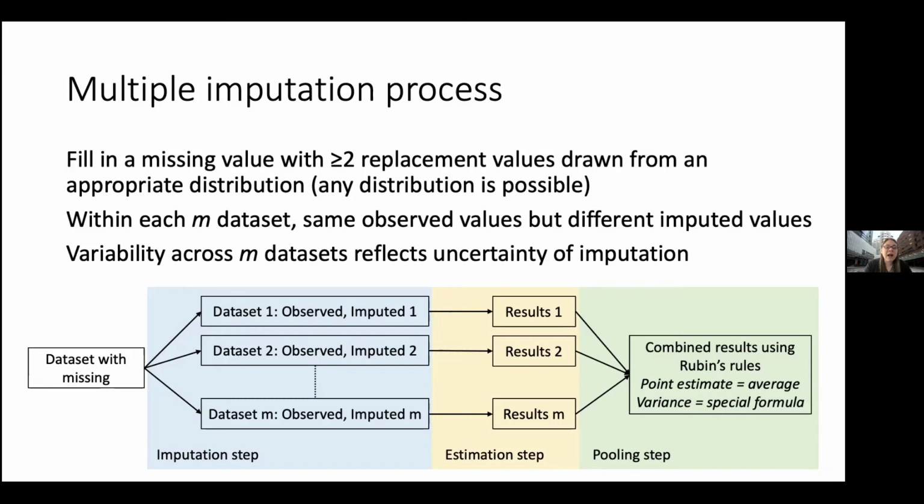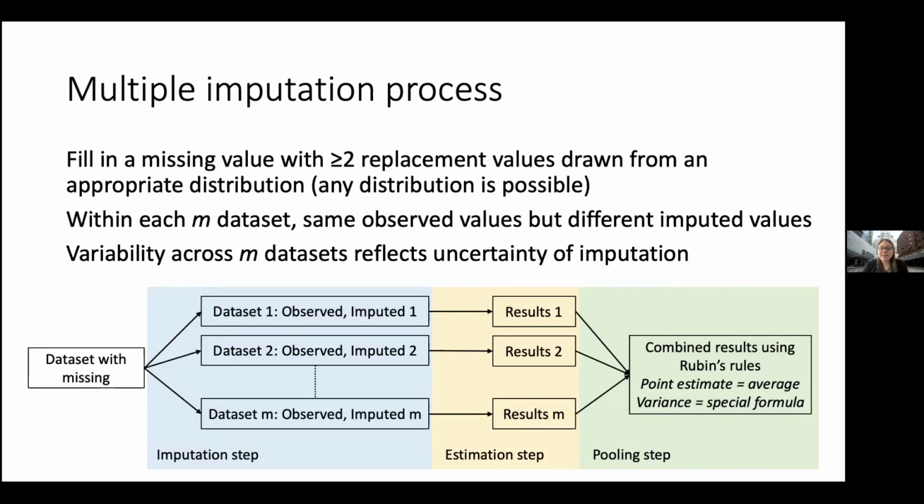To see it graphically, we start with our data set with missingness. In the imputation step, we copy that data set over and over and impute different values in those 1 to M data sets. In the estimation step, each of those imputed data sets is then analyzed as if it was a separate data set using complete case methods.